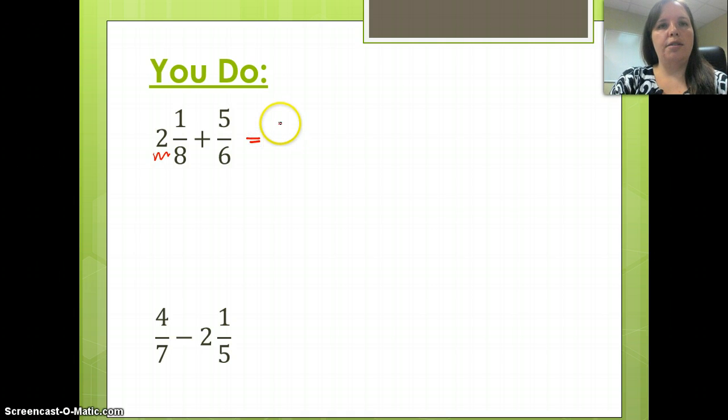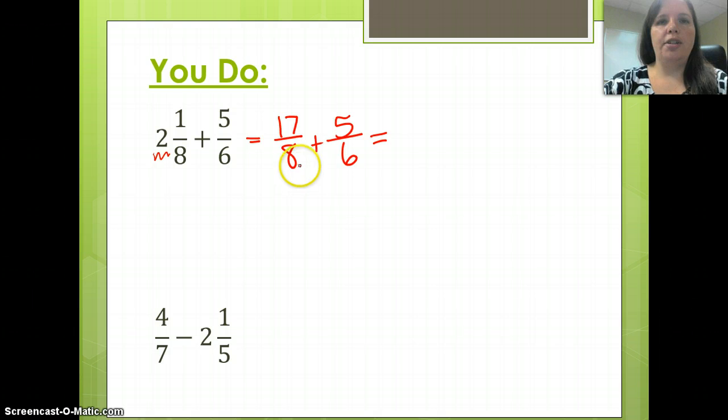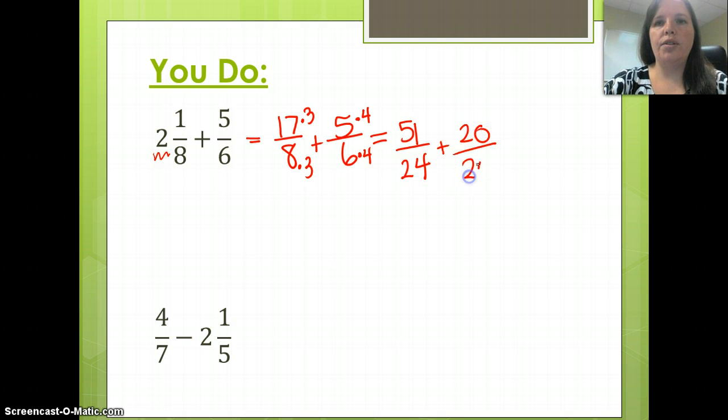So 2 1/8 becomes 17/8, and 5/6 stays the same. Our common denominator here is going to be 24, so times 3, times 3, times 4, times 4. So 17 times 3 is 51. 5/6 becomes 20/24.